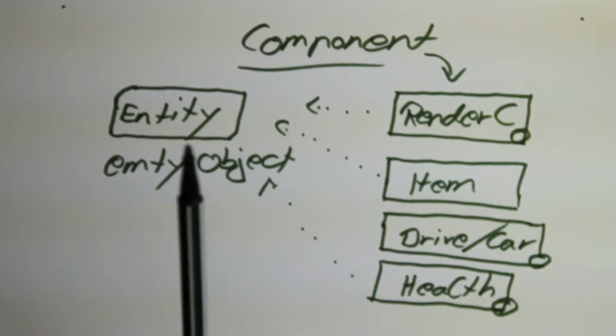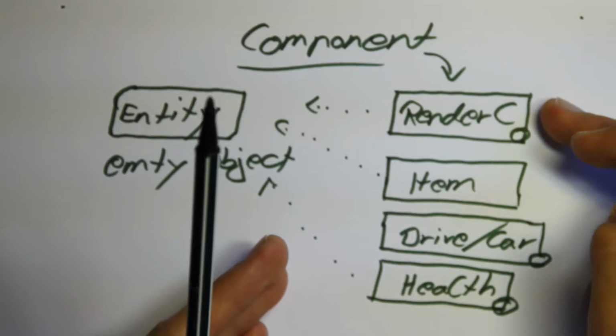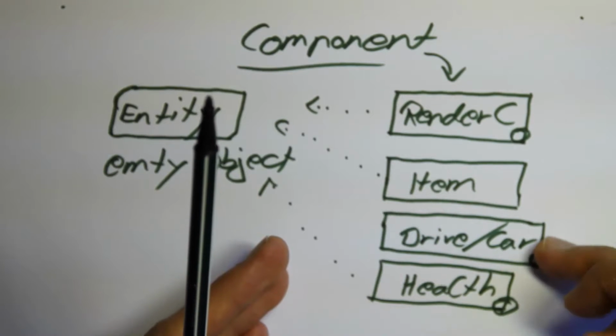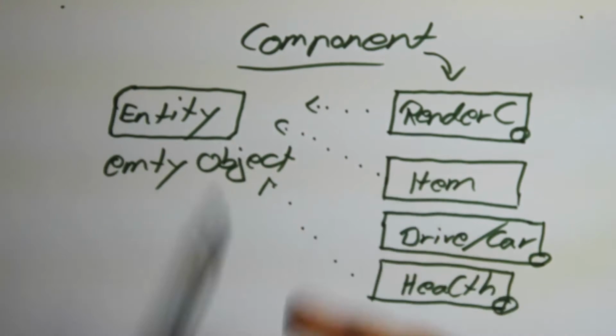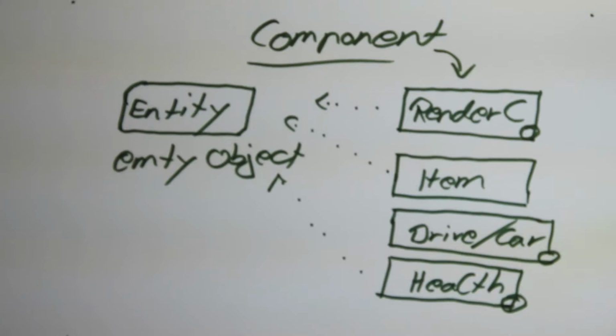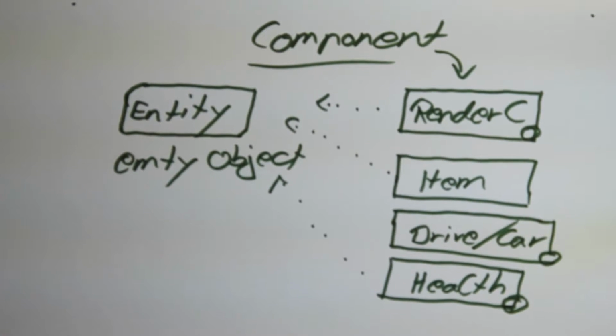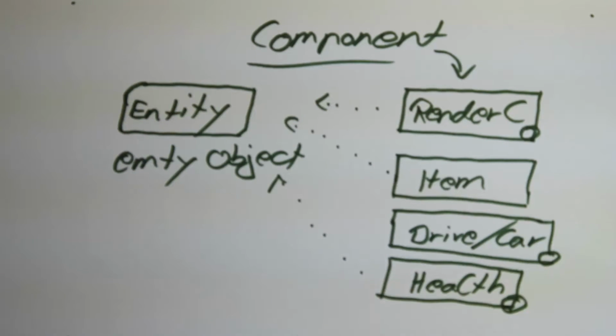But in general, the big idea behind components is make individual functions, individual properties, and just assign them to one game object. And that way you can recycle them. That's the big idea behind components, and that's why I want to encourage you to use components at least at some point after maybe your first or second game, because it's way better, it's way easier, and it's used by all major engines.